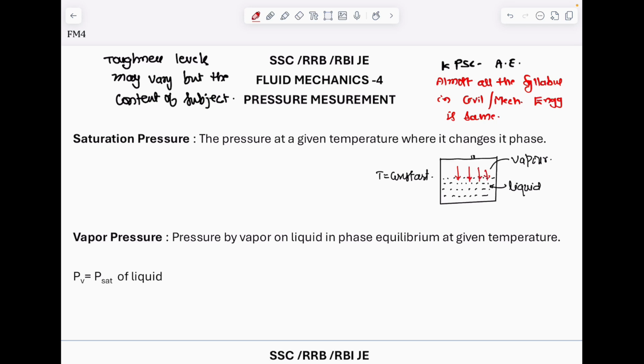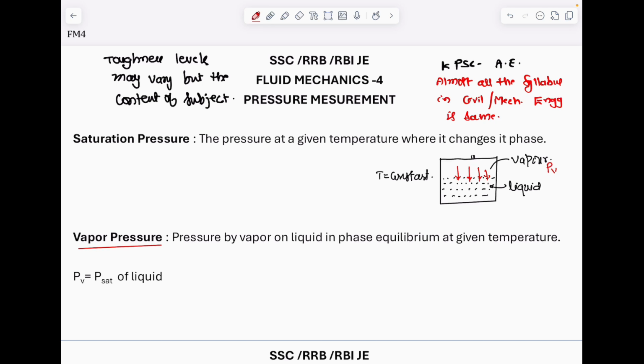The pressure exerted by the vapor on the liquid at a given temperature under equilibrium conditions is called the vapor pressure. This is denoted by PV, vapor pressure.